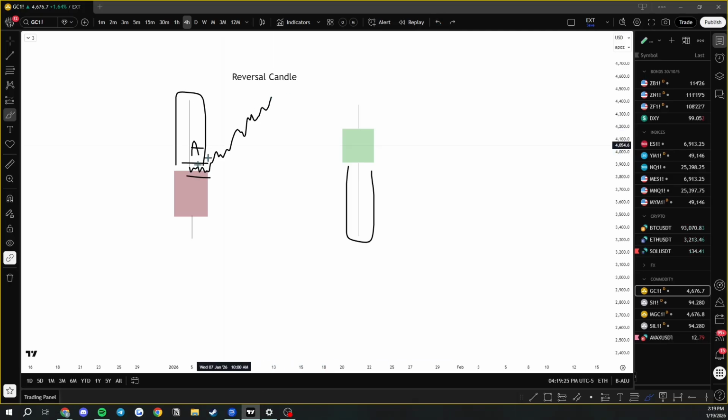All of those people buying, buying, buying, who were trying to get on board and thought they were safe, now get wrecked. So once again, accumulation, manipulation, distribution. That's what's happening when we see a very large wick.